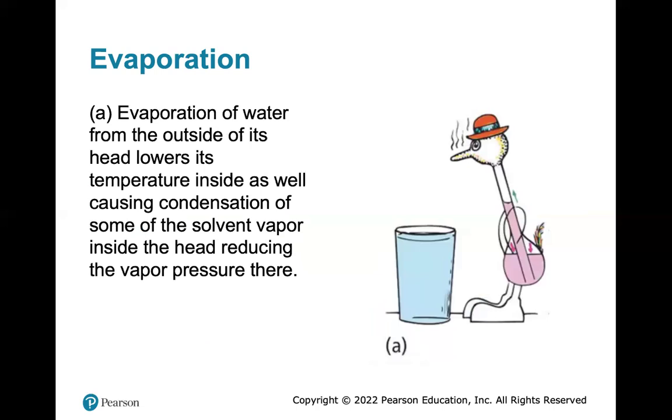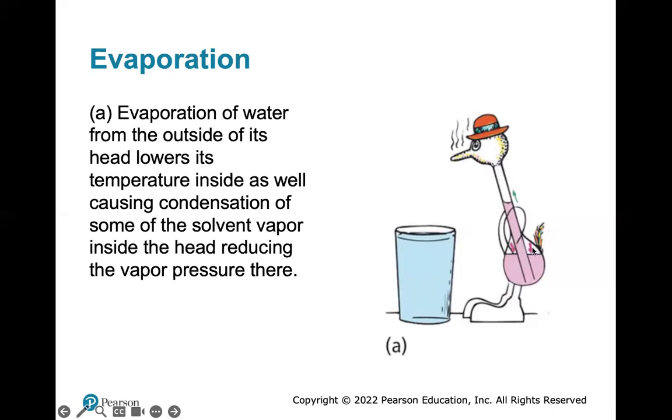The evaporation of water from the outside of its head lowers its temperature inside as well, causing the condensation of some of the solvent vapor inside the head, reducing the vapor pressure there. So as this evaporates, this cools, that lowers the pressure in this part of the head. It's a glass bulb, and it lowers the vapor pressure.